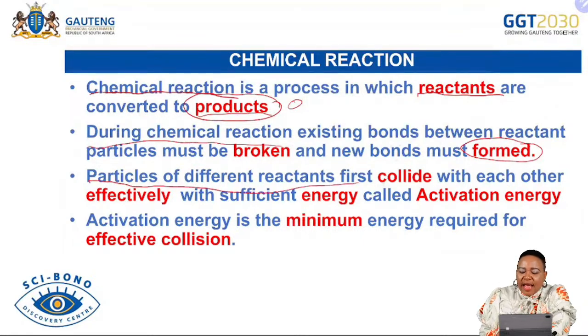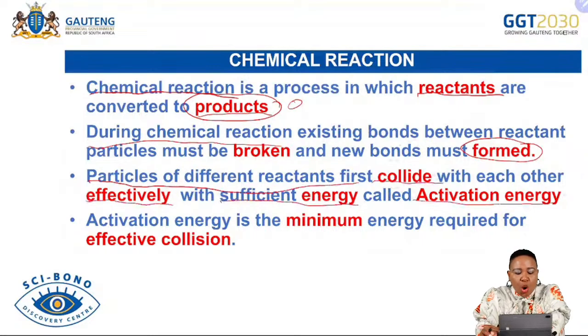And particles of different reactants must do what? Must collide. And definitely the collision must be effective. So we expect that whenever we are undergoing a reaction, if the reaction is successful, it is because there is an effective collision of reacting particles. And we know that they need sufficient energy, which is known as activation energy, for the reaction to occur.